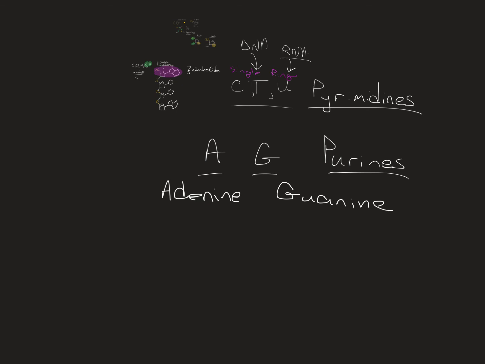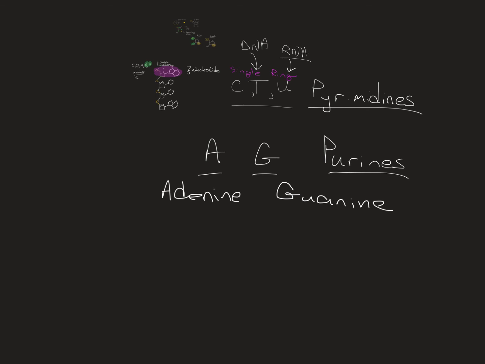Does that make sense? So, I forget what it was, but it was like A goes with G or something like that. Yeah, for sure. A goes with T and G with C. It's the base pairing rules.